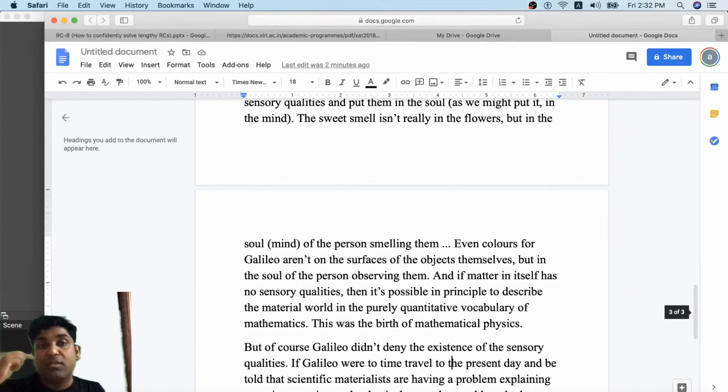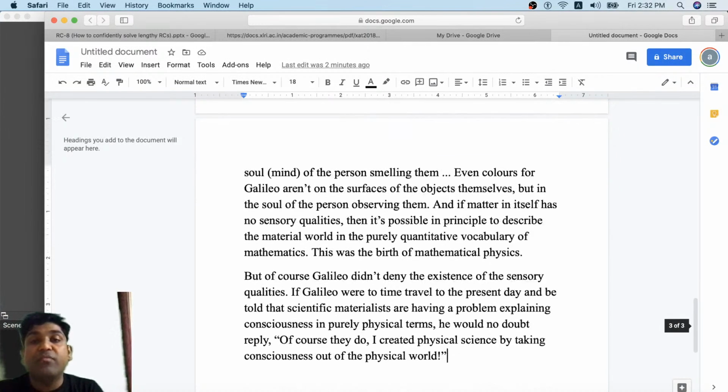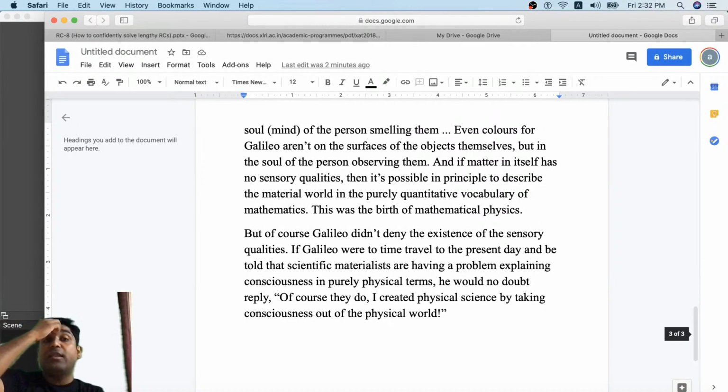As you might put it, in the mind: the sweet smell isn't in the flowers but in the soul of the person smelling. Even the colors for Galileo weren't on the surface of the objects themselves, but in the soul of the person observing it. And since matter in itself has no sensory qualities, it is possible in principle to describe a material world in the purely quantitative vocabulary of mathematics.